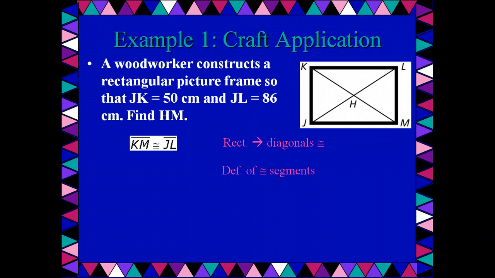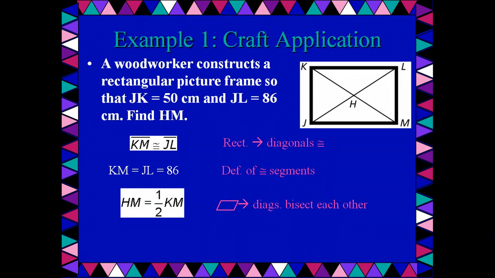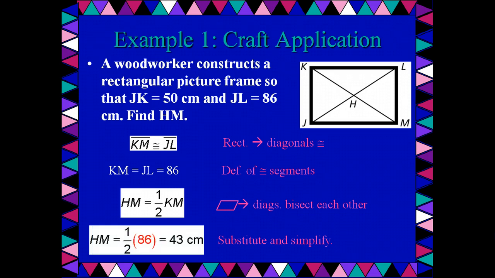The definition of congruent segments says that KM equals JL, which is 86. In a parallelogram, the diagonals bisect each other, so that means that HM is 1/2 of KM. Substitute and simplify, and we get that HM is 1/2 of 86, which is 43 centimeters.